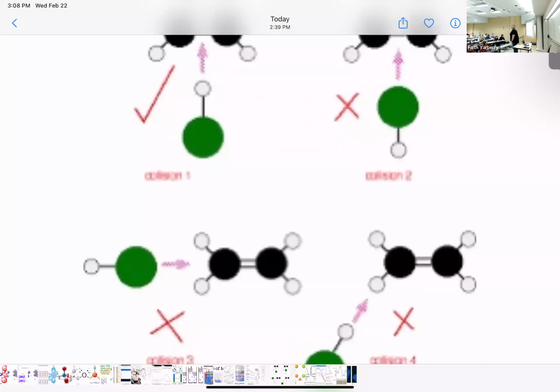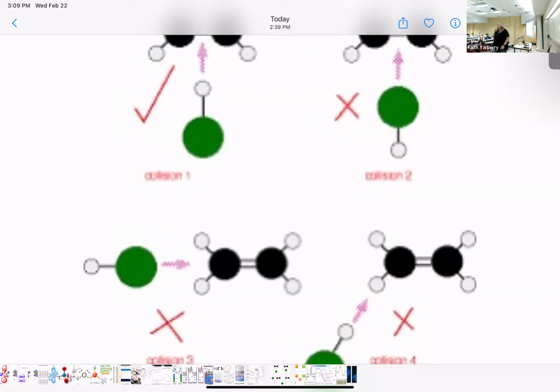Now, what can we do to get these molecules to hopefully collide frequently with correct orientation? Well, we can't hold them still. It would be very difficult to do that unless you're putting it on something. Catalysts can help.